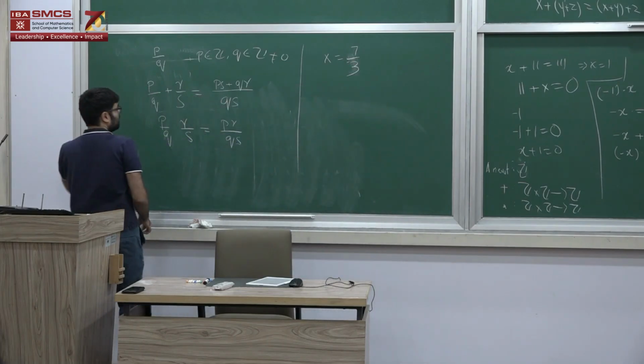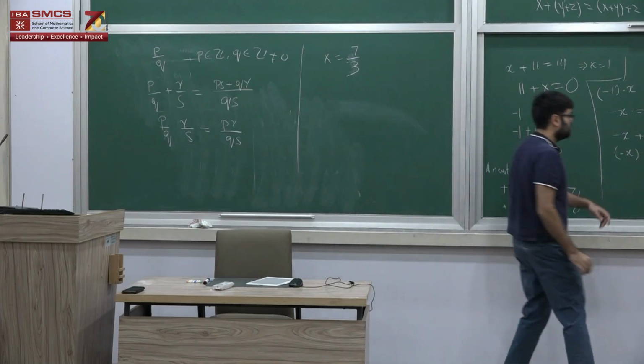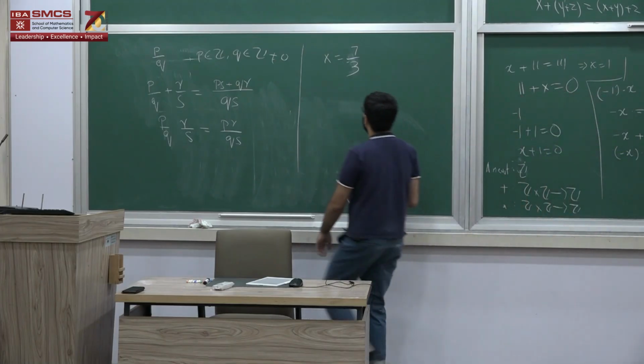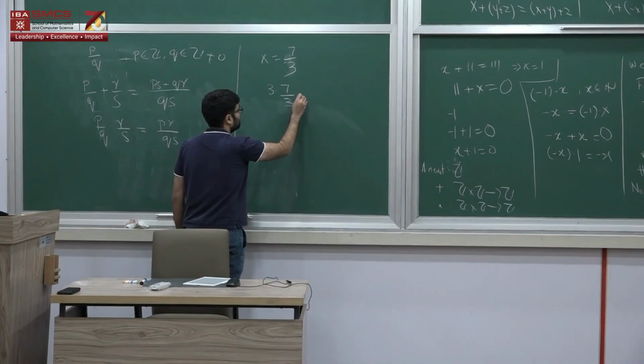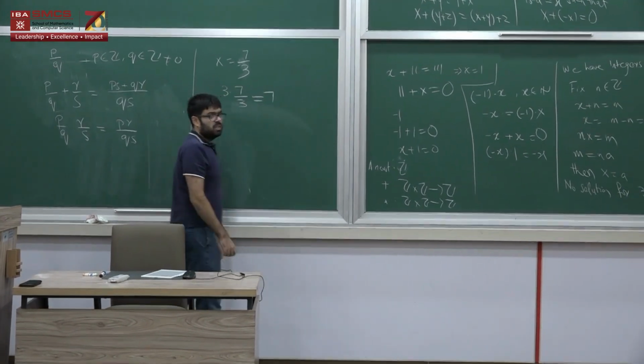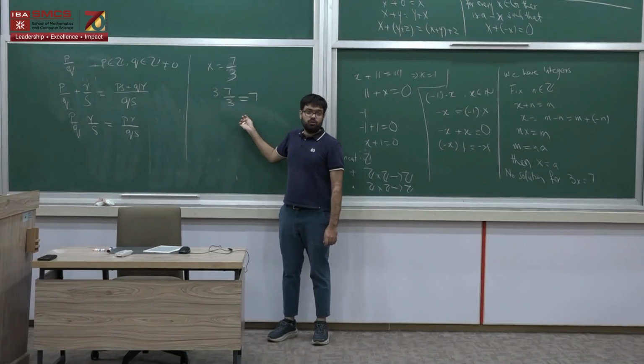If it is actually a solution, what I should get is that 3 times 7 over 3 is equal to 7. But there is nothing in my rules that allows me to say this.